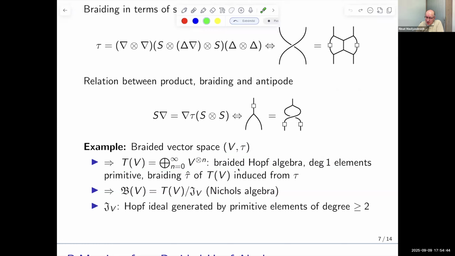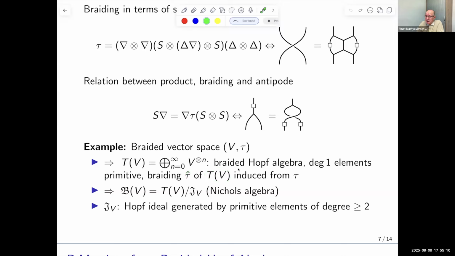So all elements of degree 1 correspond to elements of V, where this exponent n equals 1. And of course, we have some more complicated braiding on the entire vector space which underlies the tensor algebra. This is why I put a hat above tau.